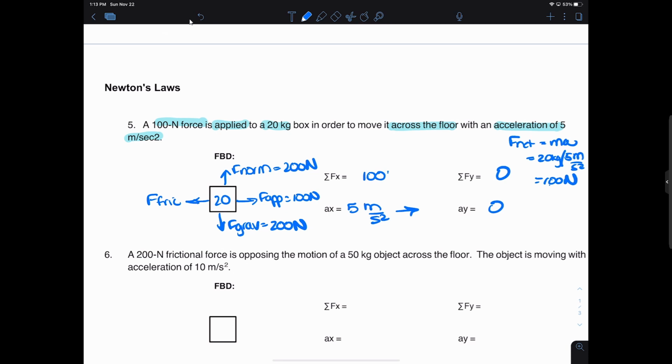So it's 100 newtons to the right. So F applied minus F friction equals 100 newtons. Applied is 100. Friction must be 0. There must not be any friction at this point.